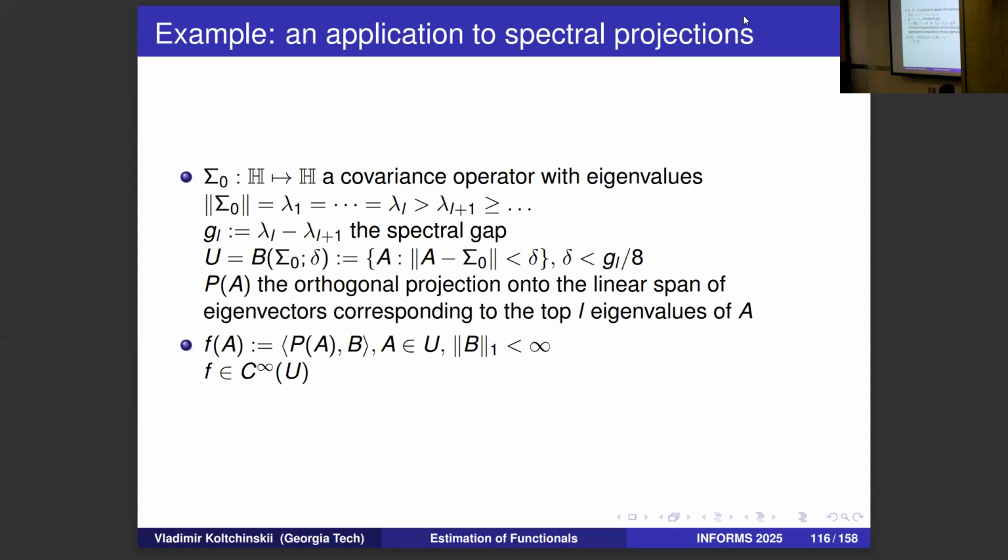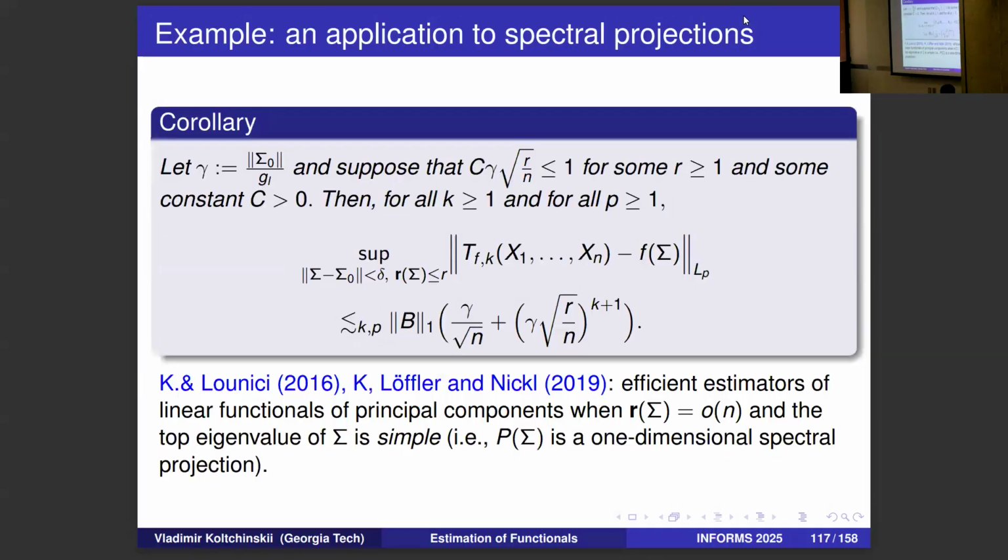Locally smooth in some operator norm neighborhood of some operator sigma naught, for which we have information about the top eigenvalues, that it has certain multiplicity, right? And there is a spectral gap after this, okay? So if you look at this example, and use the type of bounds I stated, you can easily derive this type of bound in this case, right?